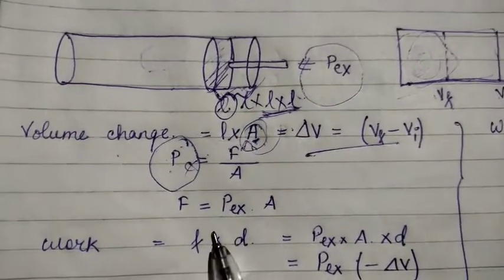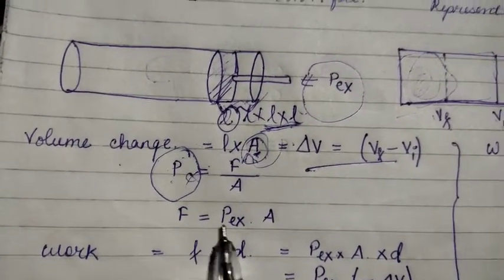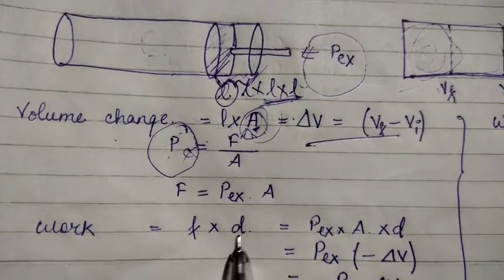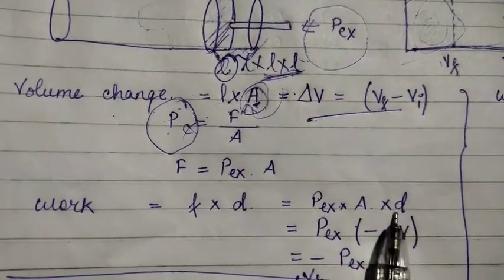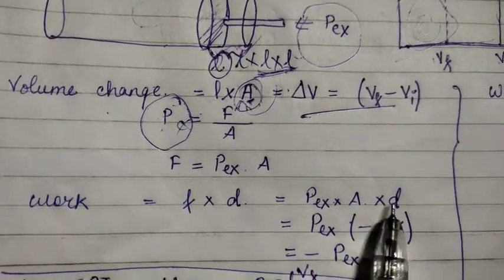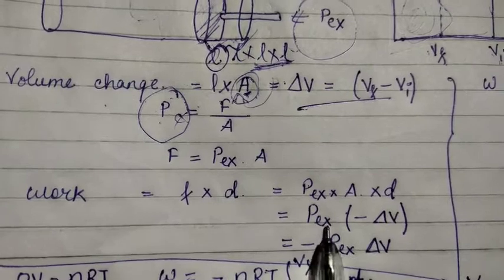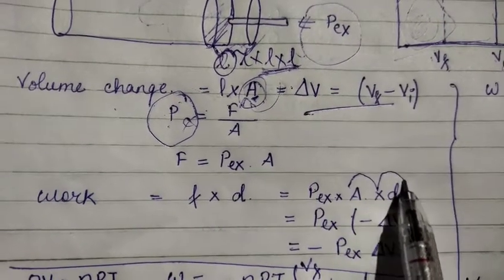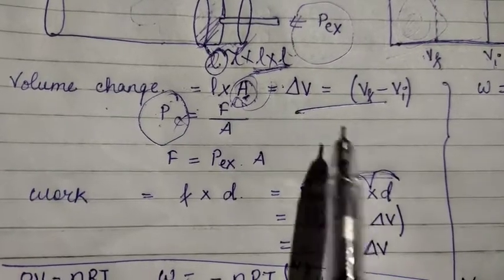So the force is given by P external into A, and this is the distance D. Next, P external, so area into distance, what have you got?